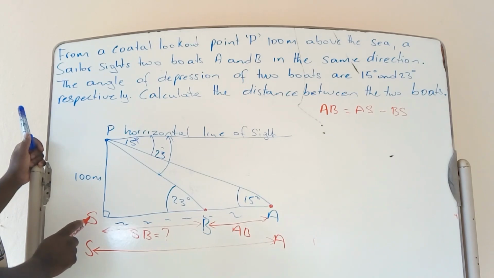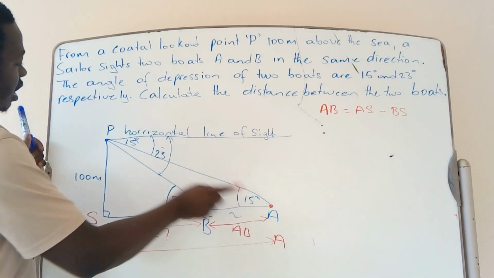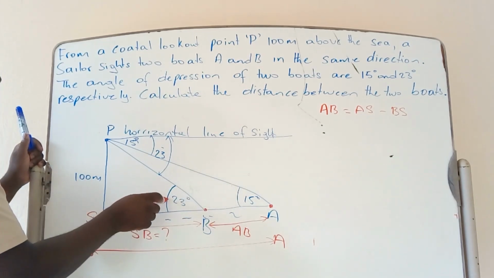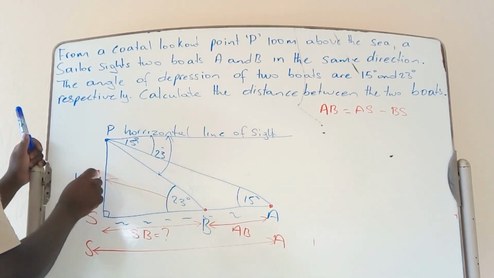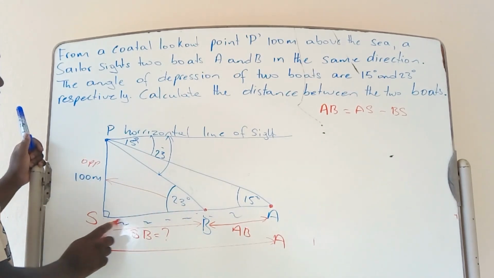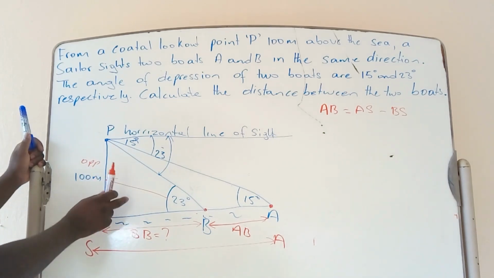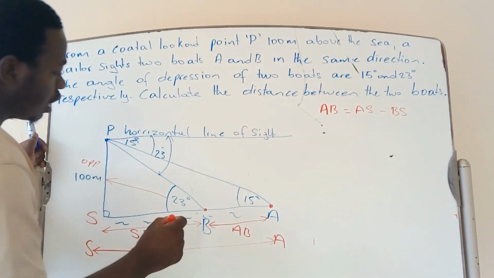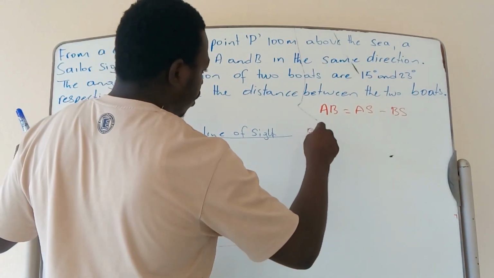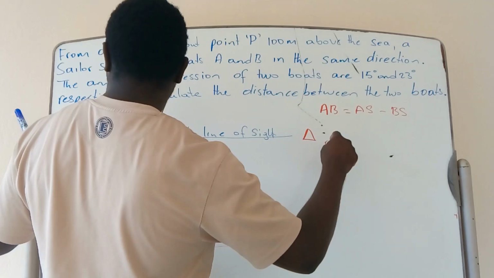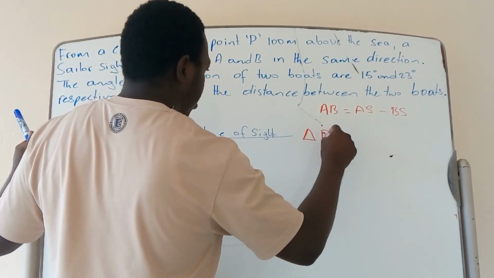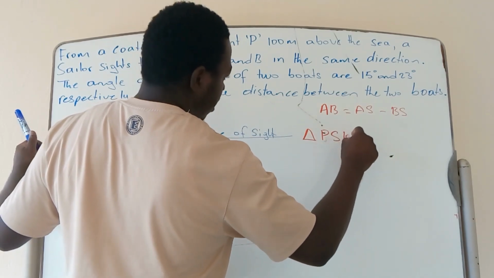When we are associating ourselves with triangle SAP, that is associated with 15 degrees. So this 23 degrees, this side is opposite to it. That means SB is the adjacent, and again, the tangent ratio we're going to use. So we can therefore say, considering triangle PSB, right?